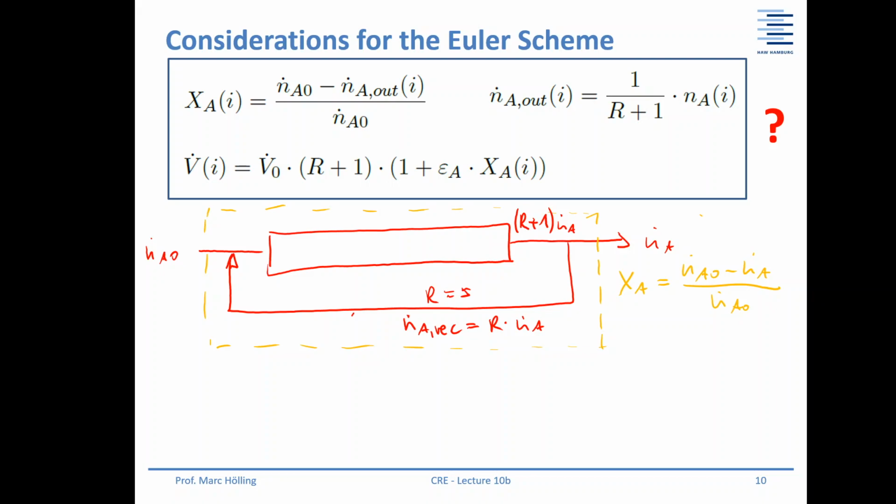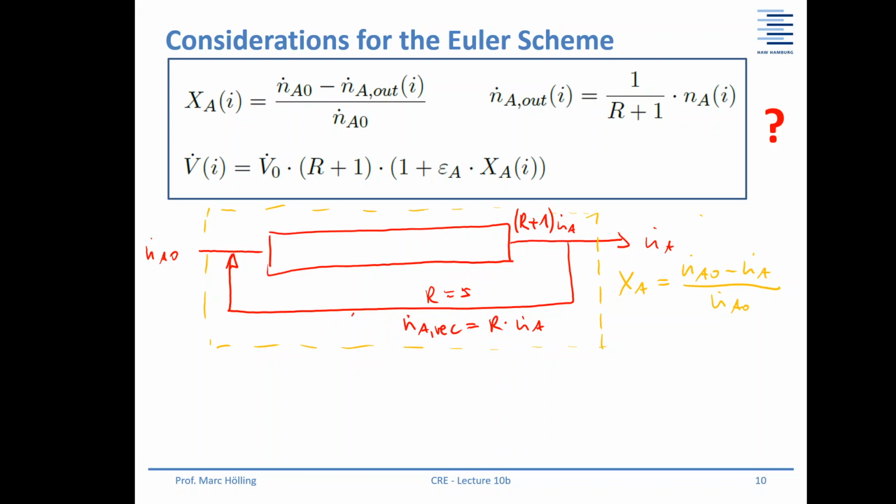You have N_A leaving the reactor, and then you have R times that mole flow, which you are sending back. If this is 1 and this is R, then you must have R plus 1 times the outlet mole flow of component A leaving the reactor.